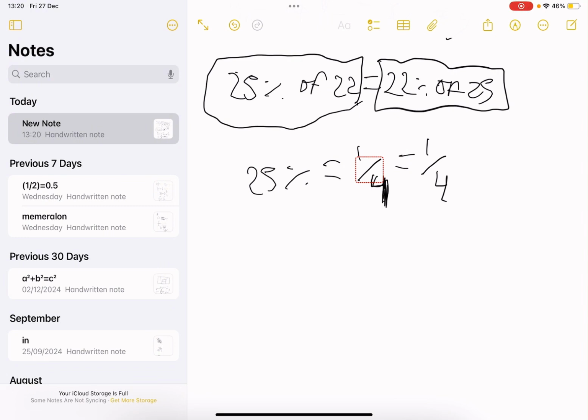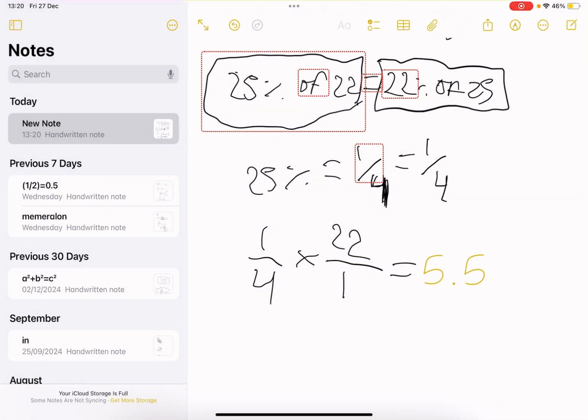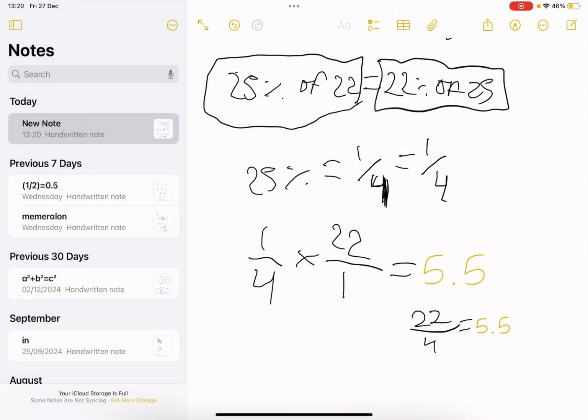So all we need to do is 1/4 times 22. And if you remember, 22 is also equivalent to 22 over 1. So we just do this, and then we have 5.5, because 22 over 4, if you convert this into a mixed number, we'll have 5, because 20 divided by 4 is 5, and then the remaining 2 is just left like that.